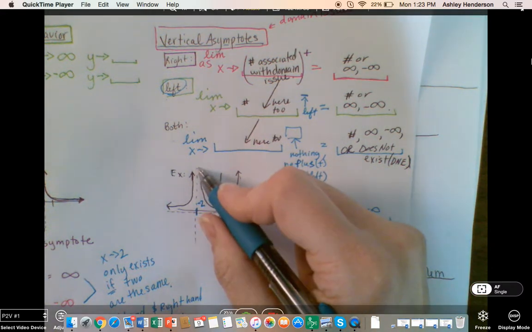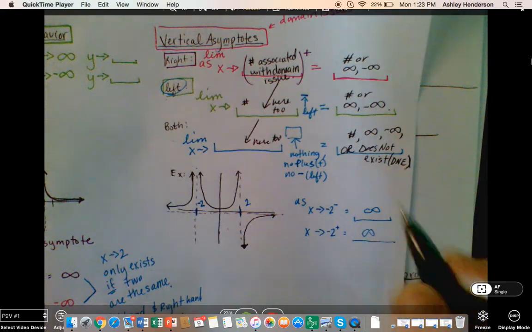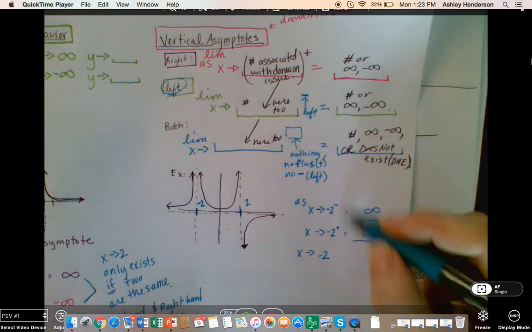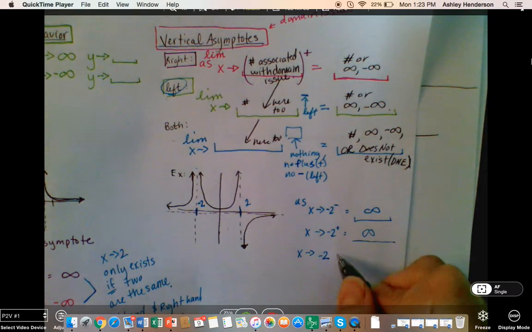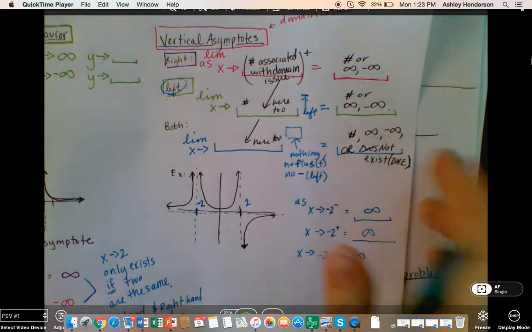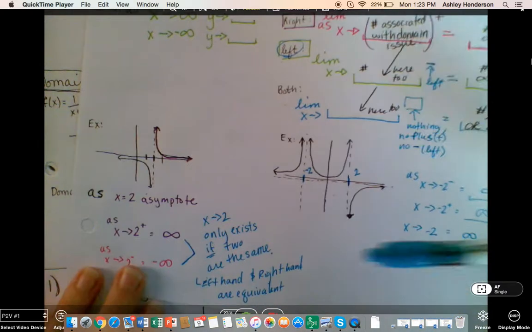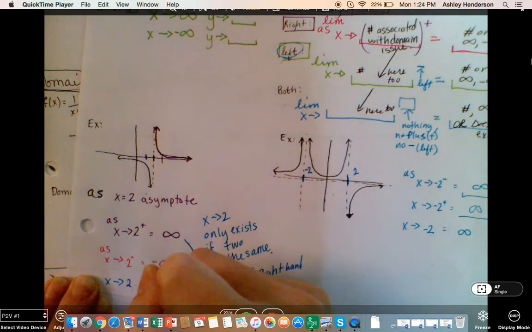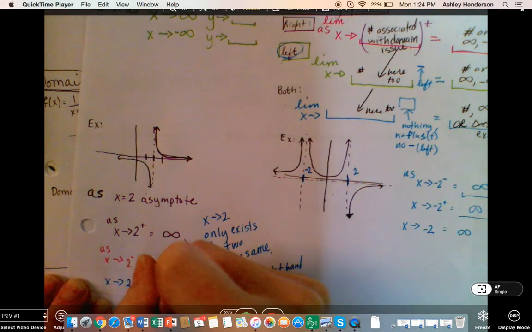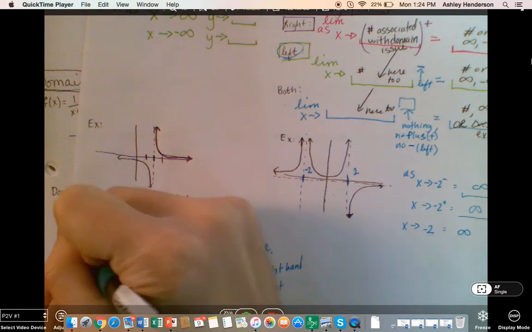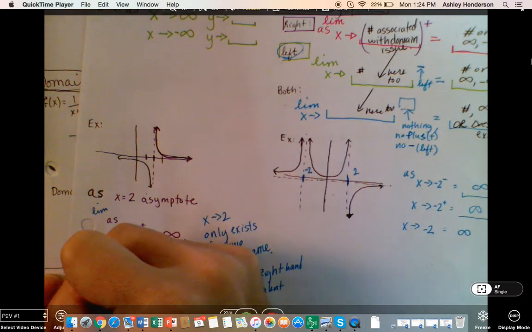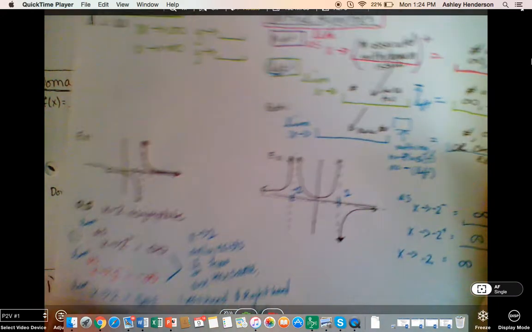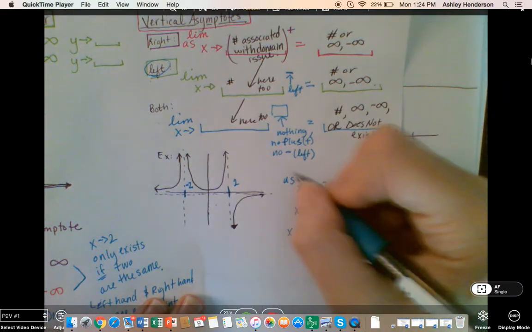It goes up. So that goes to positive infinity. So as x approaches -2 from the left and the right, are both the same, so you would say it is +infinity. So that's an example of when it would exist. In this case, we would say as x approaches 2, period, the limit, so each one of these are limits, the limit does not exist here because they're not the same. Here they are.